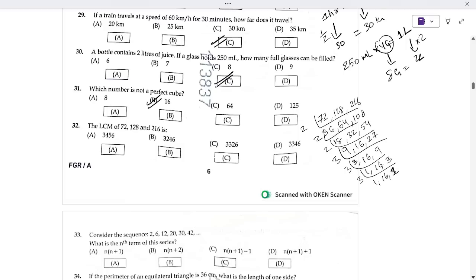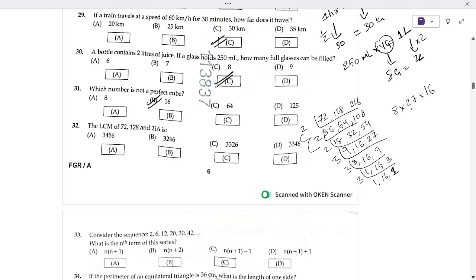That means here 2 into 2 into 2 into 2 will give us 16. And 2 into 2 into 2 will give us 8, into 3 is 24. So 3 cube is what? 3 cube is 27. So you just multiply this one.